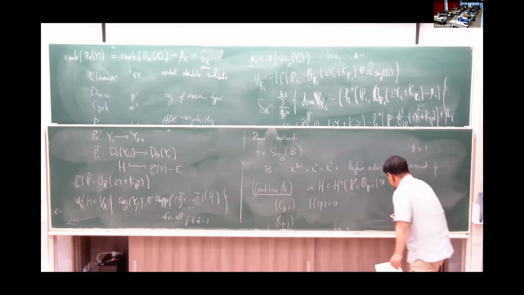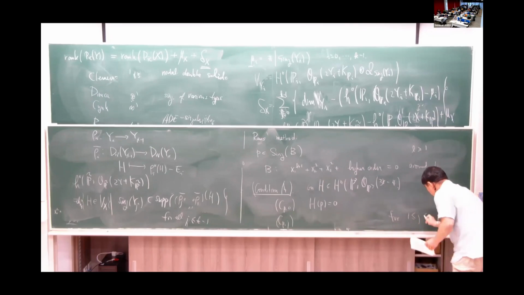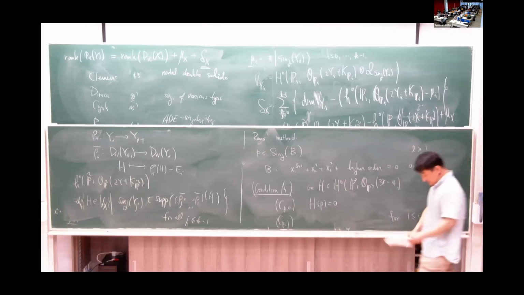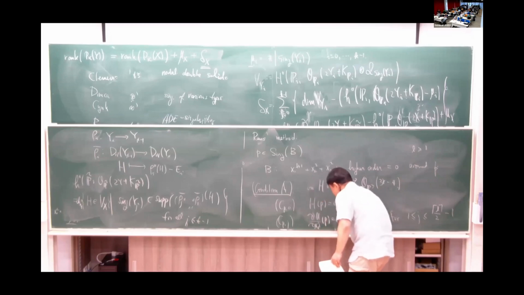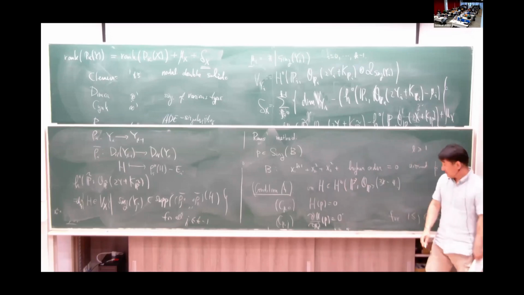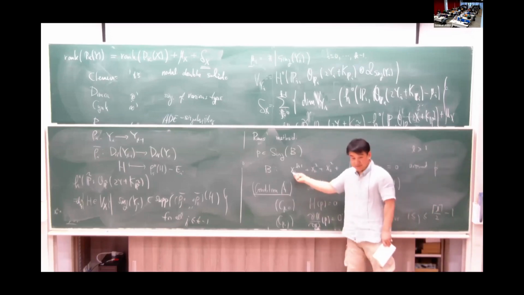And I'll define the C_PJ condition, for J between 1 and the round up of L over 2 minus 1. This parameter comes from here.